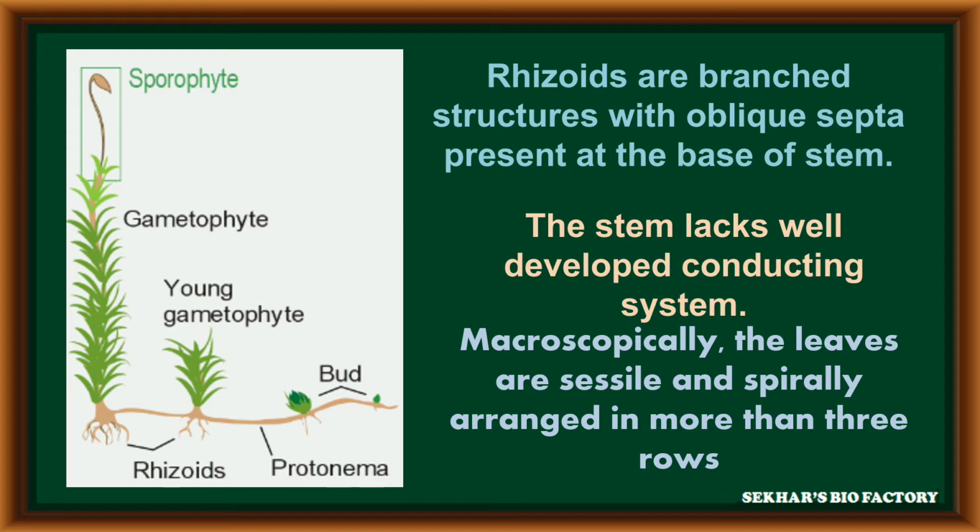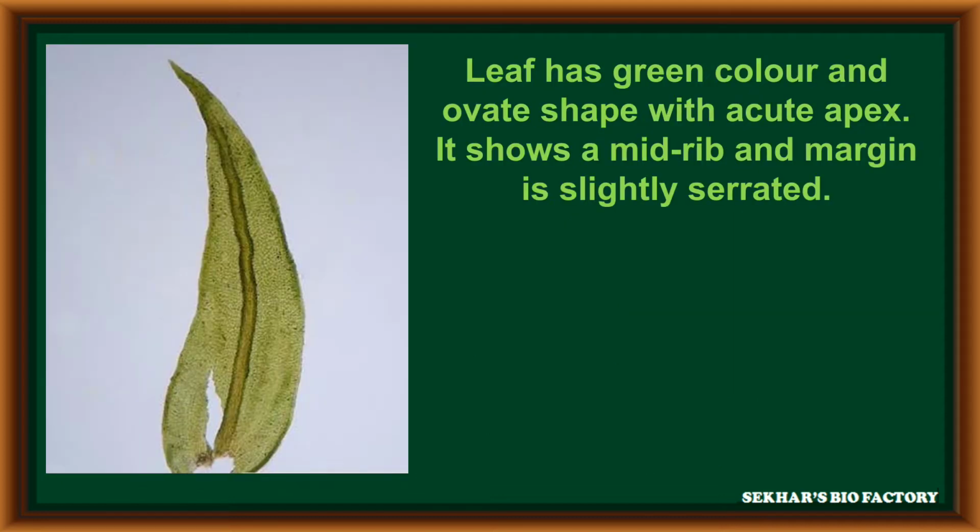The macroscopic leaves are sessile, without stalk, and arranged spirally around the stem in more than 3 rows. In the structure of a leaf, the leaf has green color and ovate shape with acute apex.